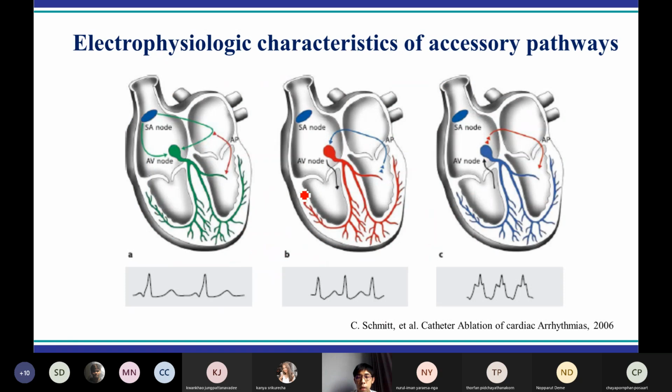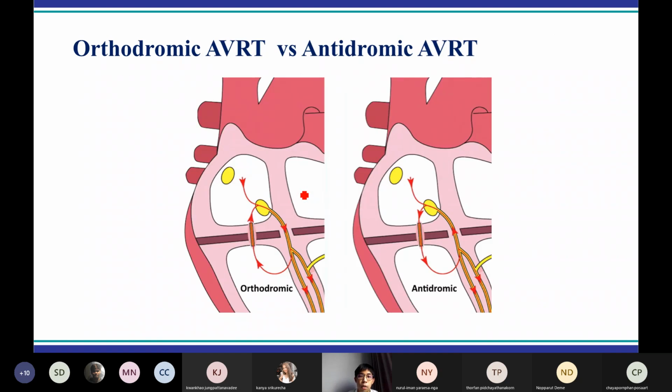So again, this is the slide I have mentioned before. We would see what is the difference between orthodromic AVRT and antidromic AVRT. I will speak again. In orthodromic AVRT, this one is the accessory pathway, and this one is the normal AV node.